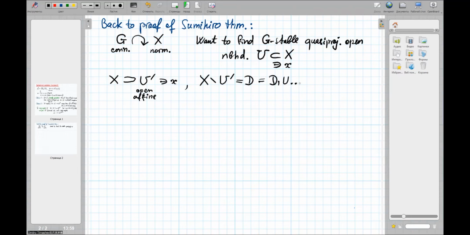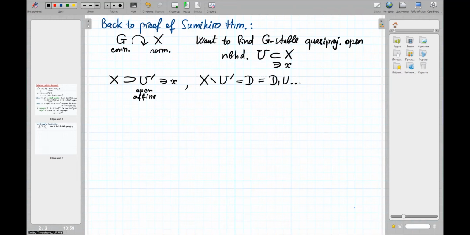The section, let me denote it by small s, a section of this line bundle whose divisor is exactly this. So the divisor of s equals Di intersect the regular locus.